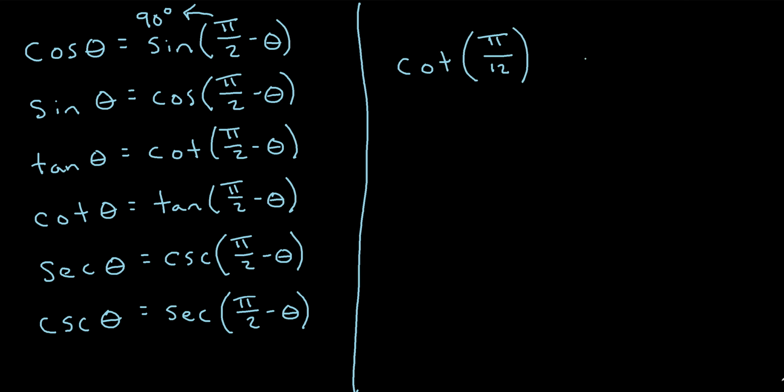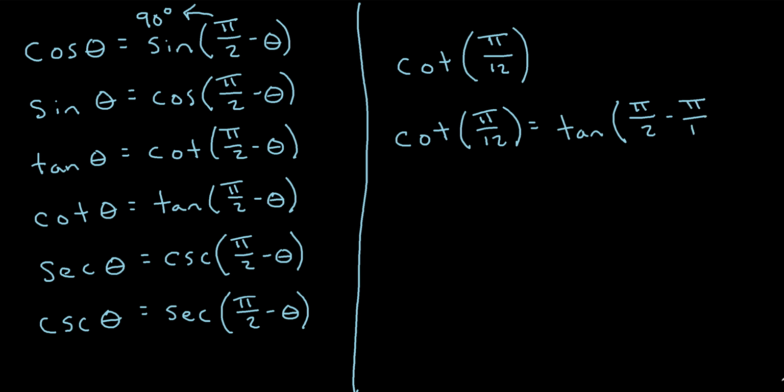Let's try another one. Let's say we have the cotangent of pi over 12. How can we rewrite that using our cofunction identities? Well, we see that the cotangent of an angle is equal to the tangent of pi over 2 minus theta. So we can write cotangent of pi over 12 is equal to the tangent of pi over 2 minus pi over 12.